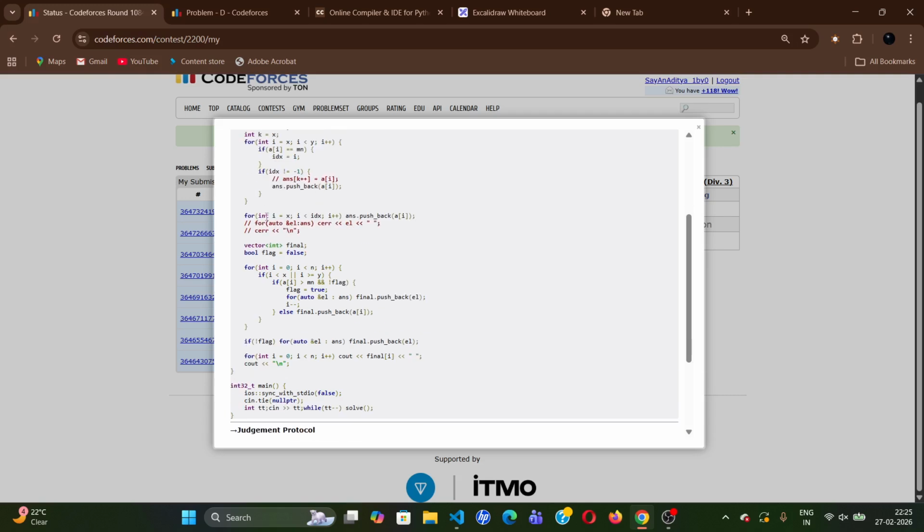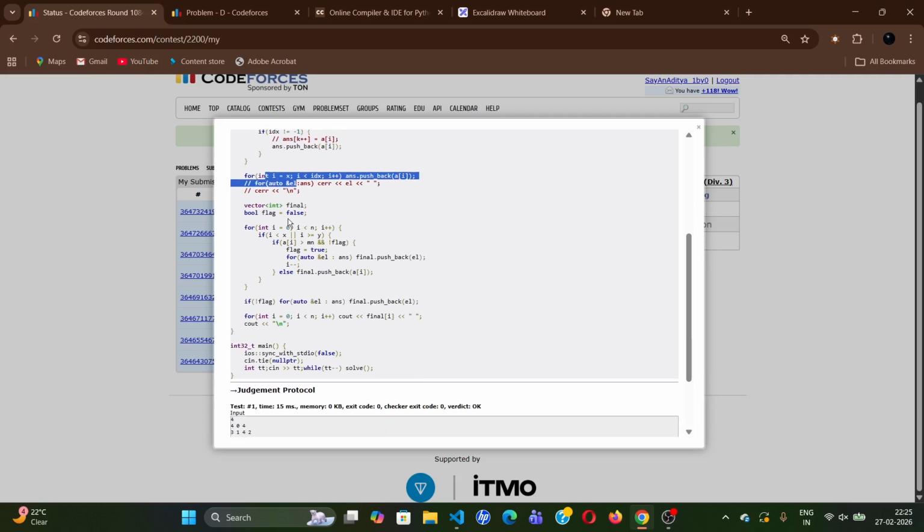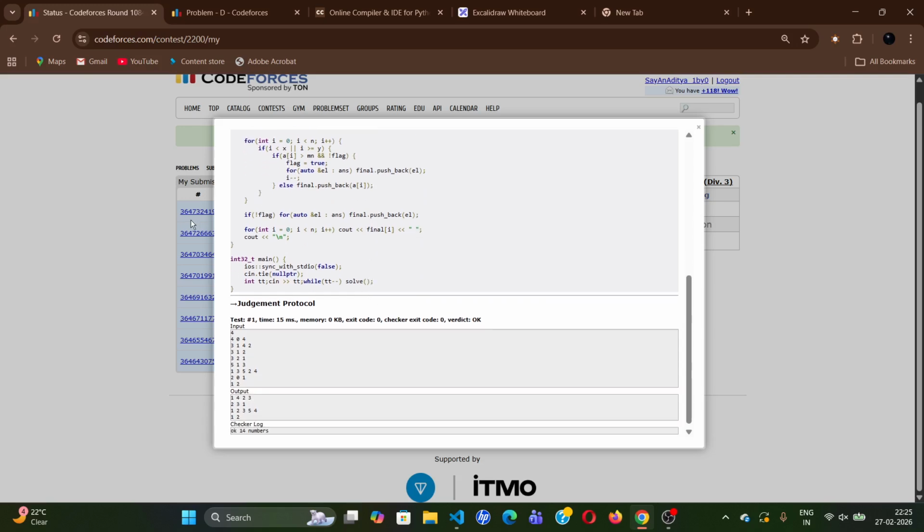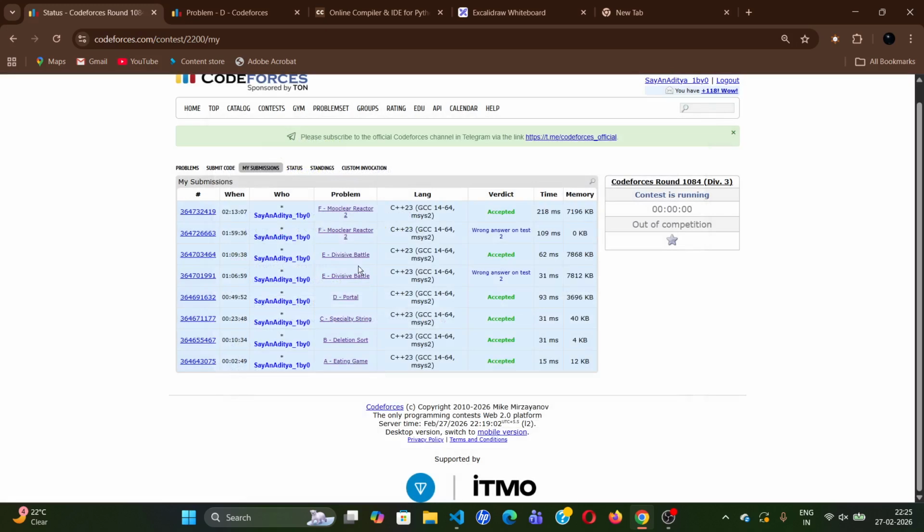Then I am just getting the outer part, and if at any position f[i] is greater than the minimum and we have not taken the inside part, then we'll put all the inside part in the answer, and then we'll continue with the outer part. So that was D. Now E.